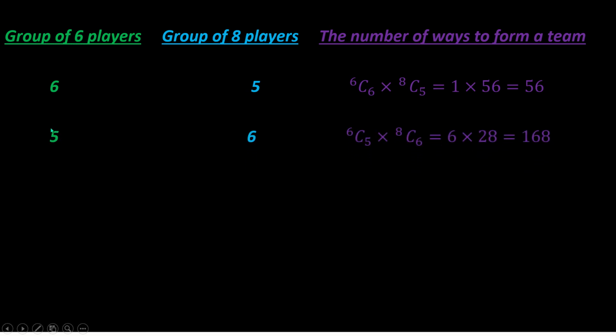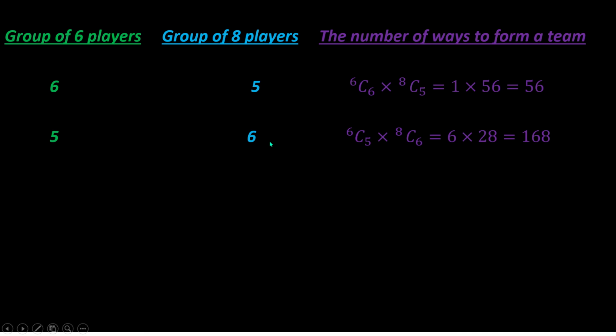Now we have taken 5. So from 6 we have to take 5. So here will be 6 because 5 and 6 make 11. So these are correct.